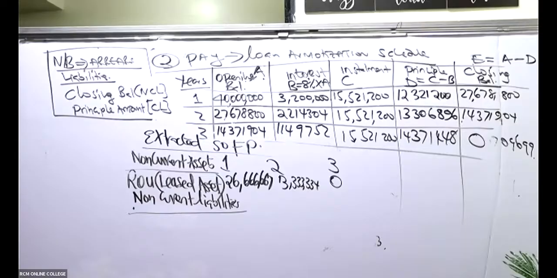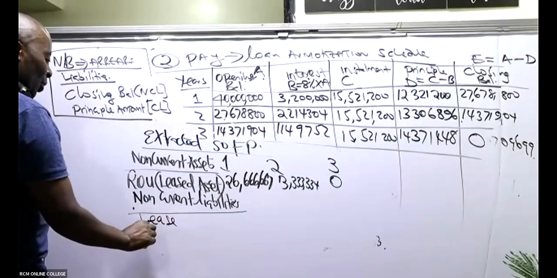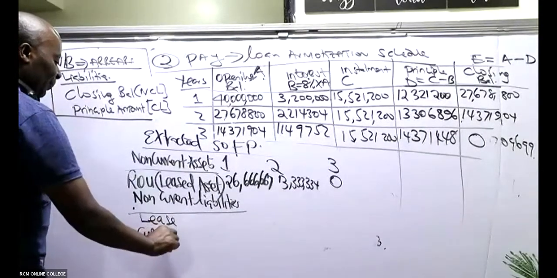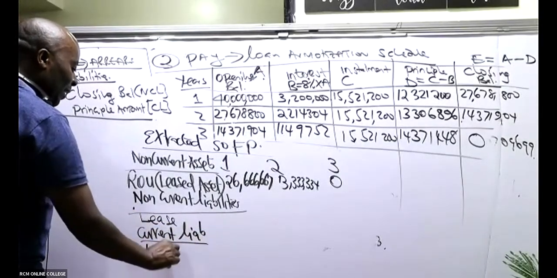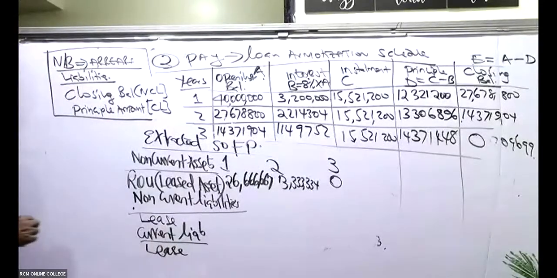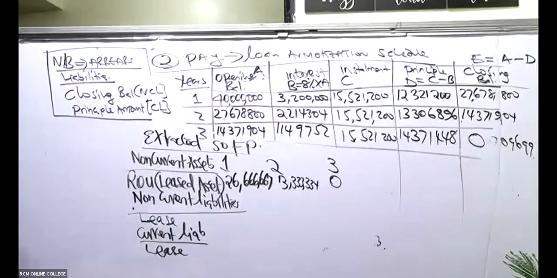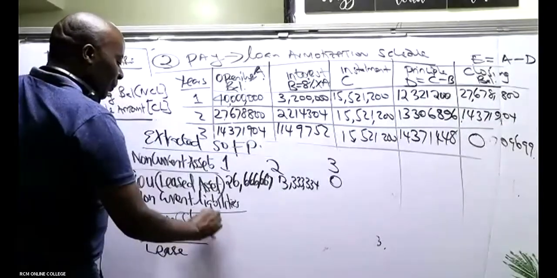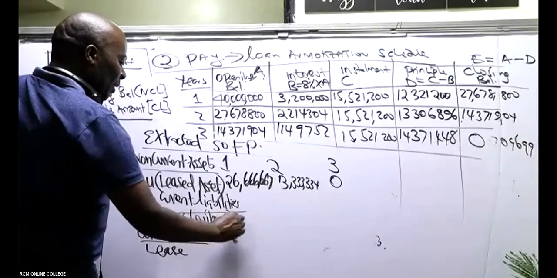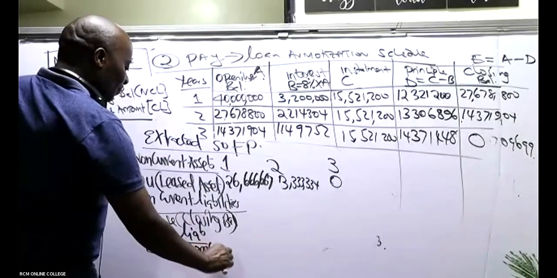So once you have written it like that, under non-current liabilities, we have here lease. You will simply write lease. And also under current liabilities, you shall also write lease. Remember, here you're going to pick what we call the closing balance, and here you shall pick the principal amount.